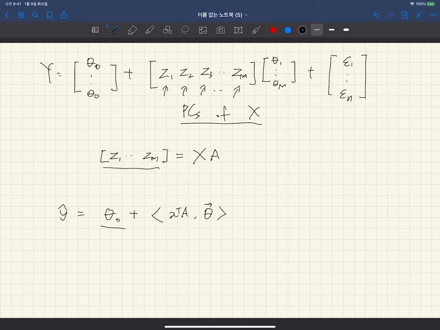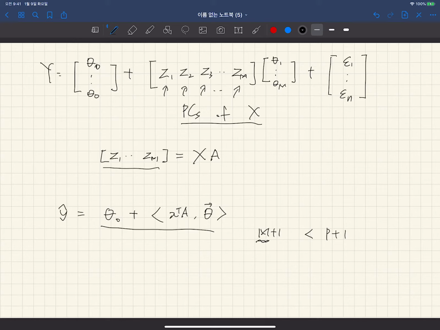So this is your new prediction, which consists of m plus 1 parameters, which is less than p plus 1, the original linear regression model. And you can control the number of parameters m by deciding how many principal components you will use to define this linear regression task.